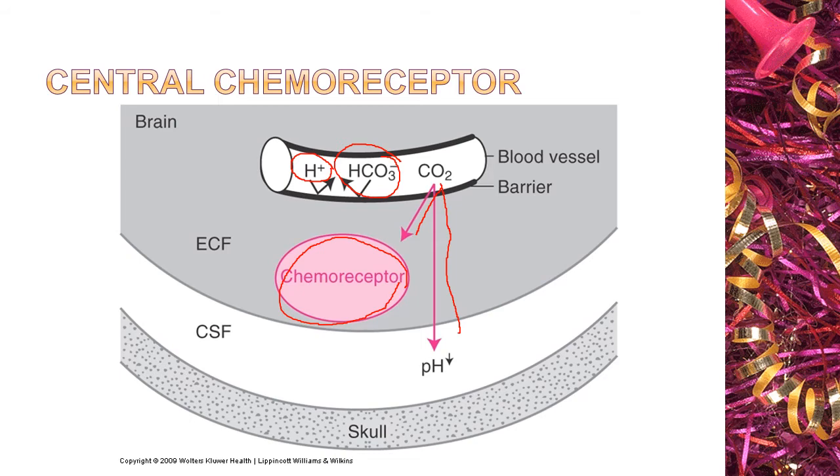So it is not directly affected by carbon dioxide level, but it is affected by the pH, because carbon dioxide diffuses out and forms bicarbonate and proton, and this is the one that triggers the chemoreceptor.